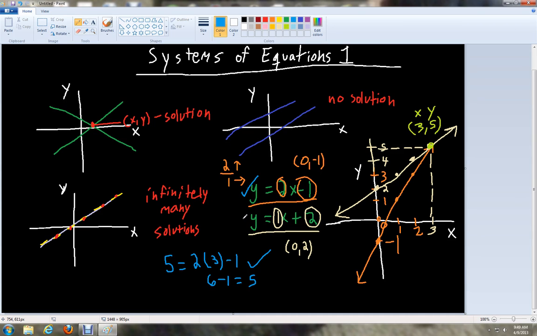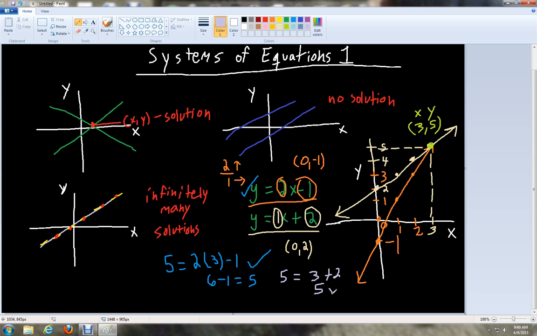Now we need to check the second equation, y equals x plus 2, or 1x plus 2 because the slope is 1. Remember, y is 5, so we have 5 equals 3 plus 2, and 3 plus 2 is 5.